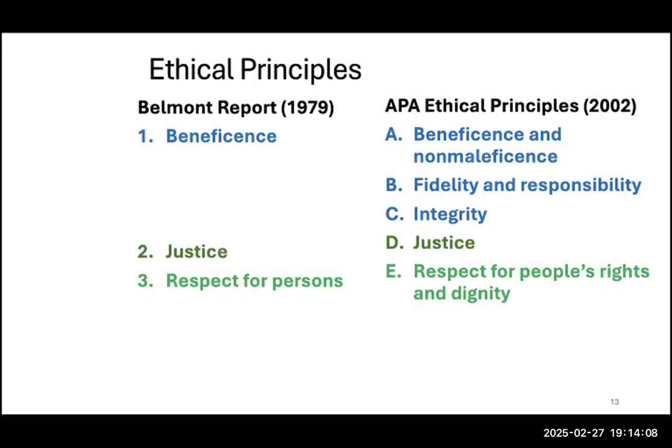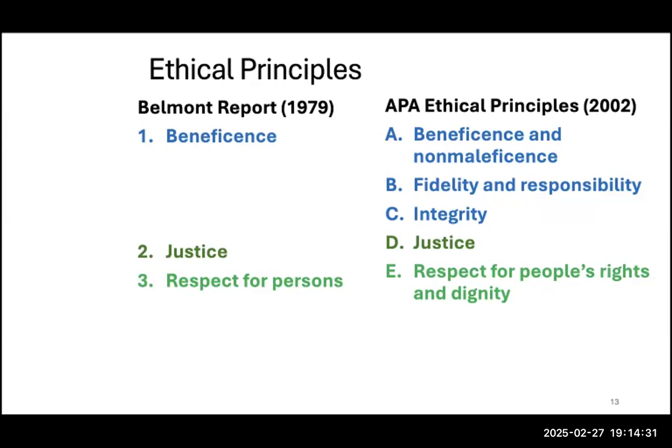This is beneficence and nonmaleficence, meaning we are going to benefit society as much as possible without hurting anybody. Fidelity and responsibility is how the researcher is treating the participants. So you want to make sure that you are respectful and you're on time, you're doing all that. Integrity has to do with the data.